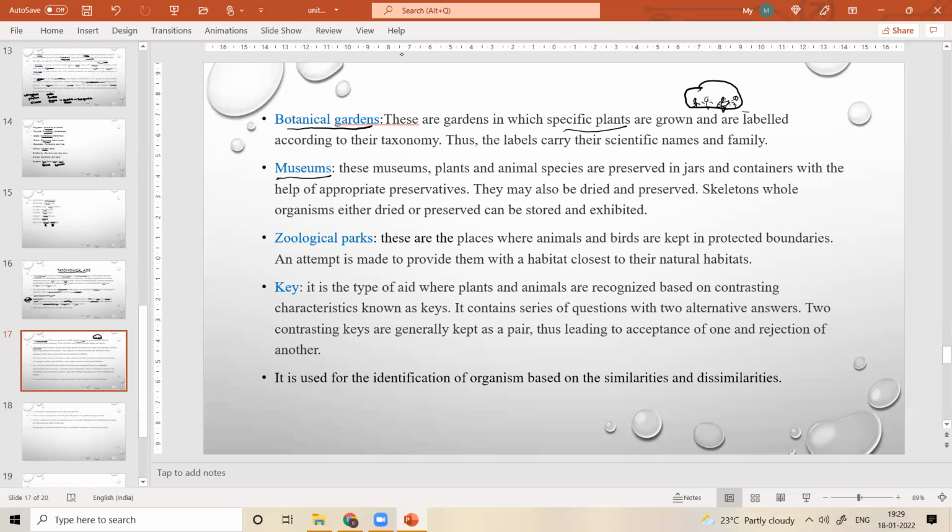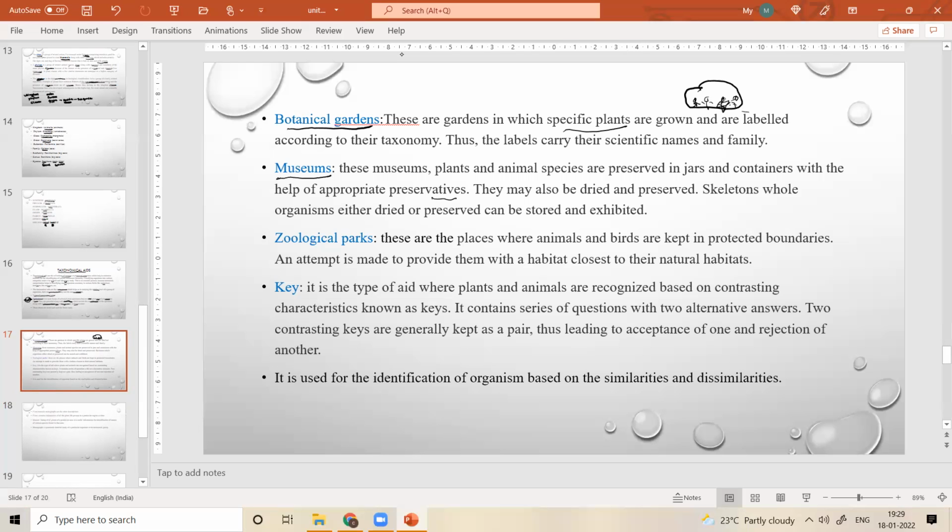So museum. In these museums, plants and animal species are preserved in jars and containers with the help of appropriate preservatives. Generally, in our zoology labs, we can find these kinds of specimens.